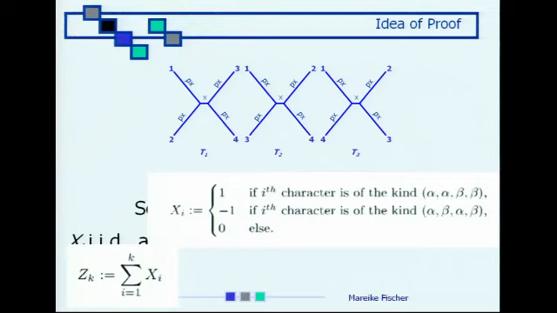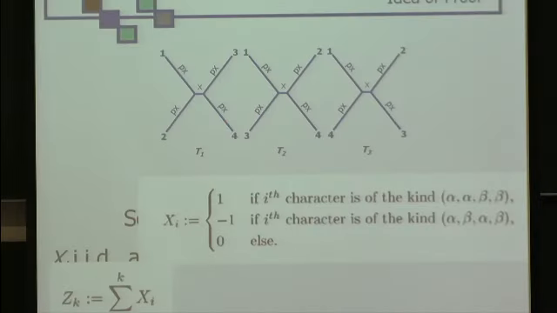Just because there are many mathematicians here, a short idea of the proof. I don't know, it messed up my slide a little bit. Basically what we did is we introduced a random variable xi, which assumes value 1 if the ith character in our alignment is of the kind alpha alpha beta beta, and -1 if it's alpha beta alpha beta.